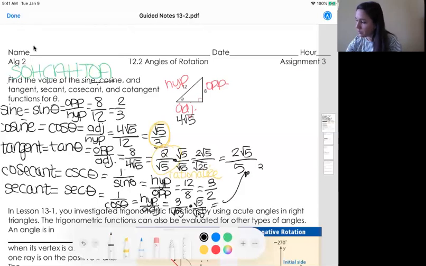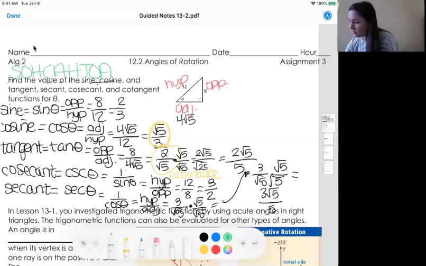So that is 3 over root 5 times root 5 over root 5, and we multiply across. So 3 root 5 over 5. It would be over root 25, but then we already know that is 5. All right, so I will box that in. Maybe I'll box all of these in so we know our final answers.